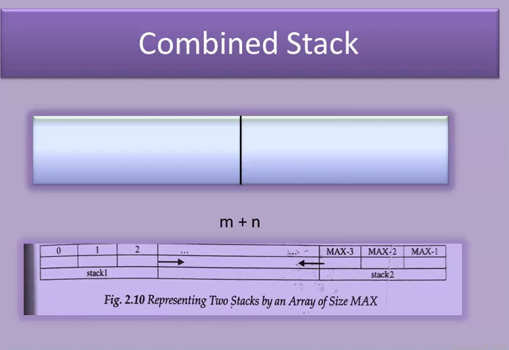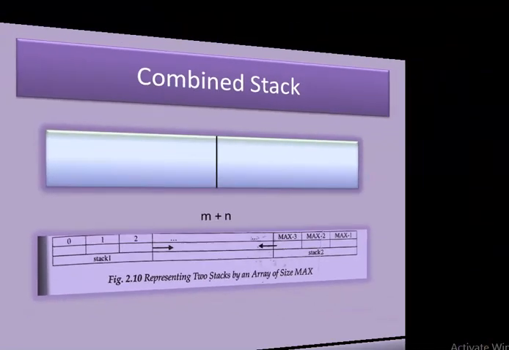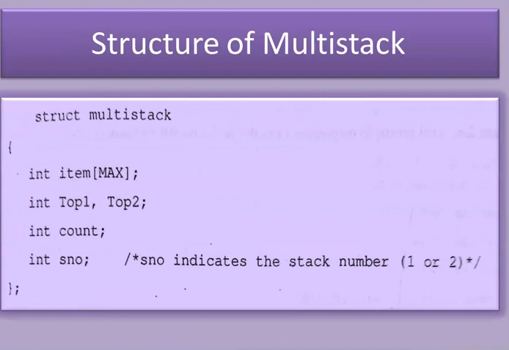So for implementing this, we have to define a structure of the following format. Structure of a multi-stack looks something like this. I told you that even if we are considering two stacks, it will be identified by the same name. It's an array. So we have to define an array with ample capacity.